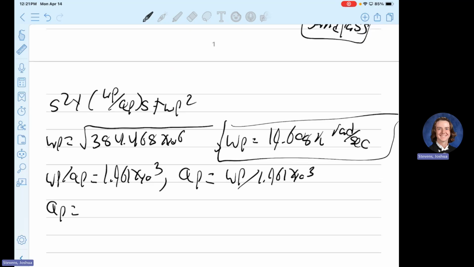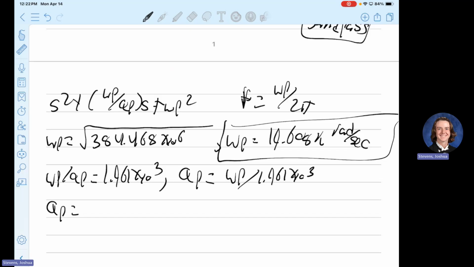Russell is kind of weird when it comes to frequency. Sometimes he just wants it in angular frequency. Sometimes he just wants it in hertz. Sometimes he wants it in both. If it doesn't clearly state it, I would just recommend putting both. It doesn't hurt. How do you get from angular frequency to just frequency? Well, what do you do with the 2 pi? Do you multiply? Do you add? Do you subtract? Do you divide? Divide. Yep. So F equals omega P divided by 2 pi.